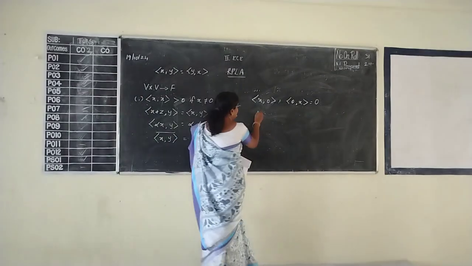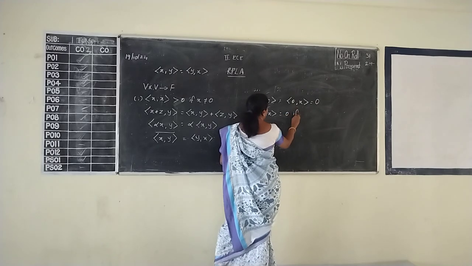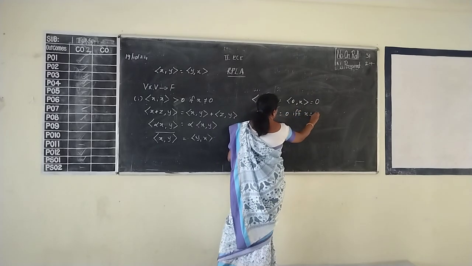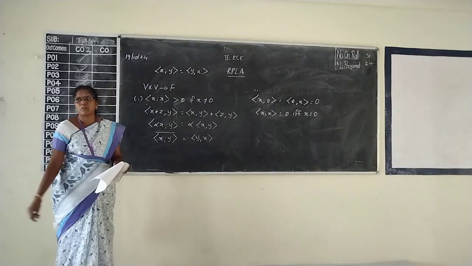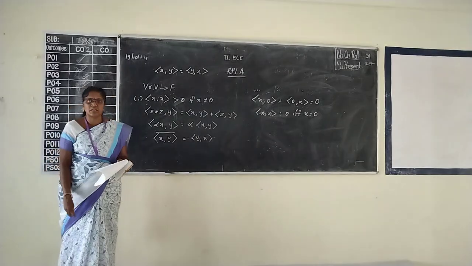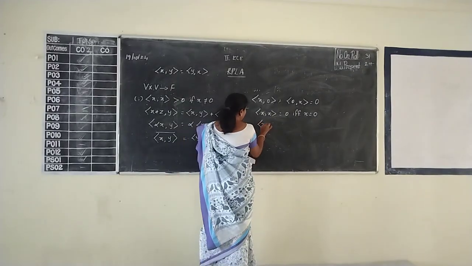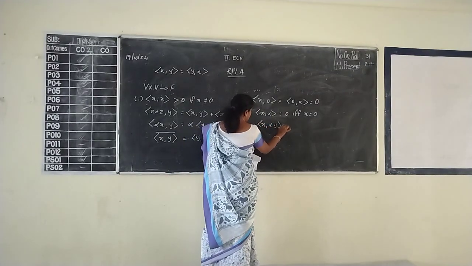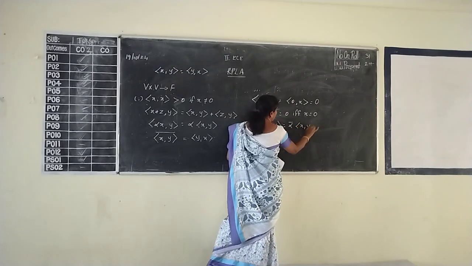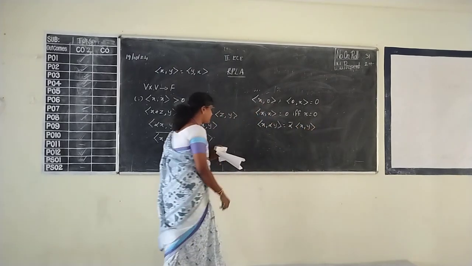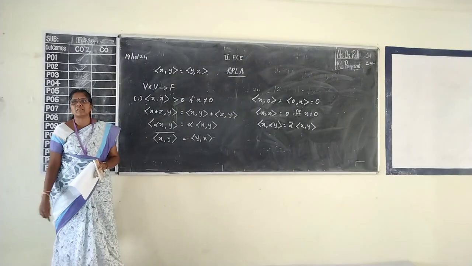Second one, inner product of x comma x is equal to 0 if and only if x is equal to 0. Next one, inner product of x comma alpha y is equal to alpha bar times inner product of x comma y.